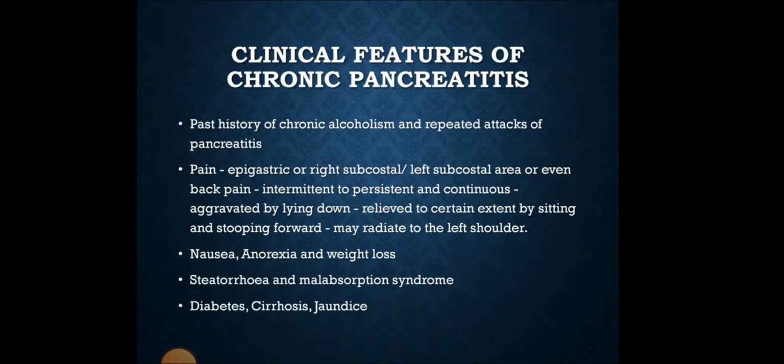That is, pain changes from intermittent to persistent and continuous. And usually the pain is located in the epigastrium and will radiate to the back also. As told earlier, the pain is aggravated by lying down and relieved by sitting and stooping forward. And the pain can radiate to the left shoulder also.